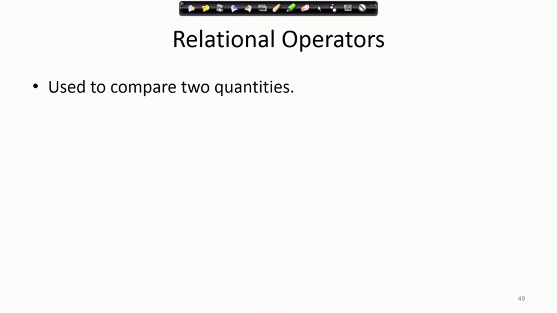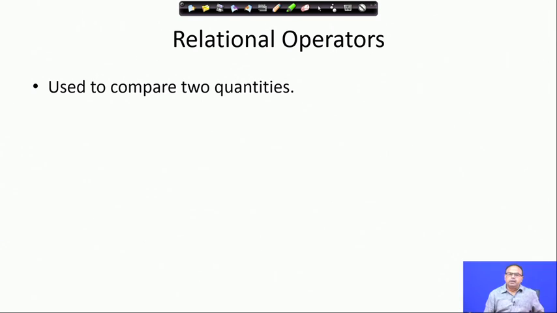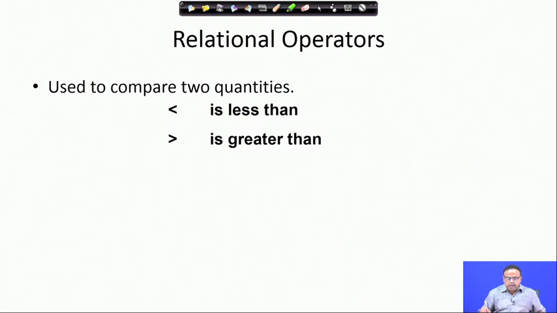A relational operator is used to compare two quantities. Okay? Let us see. For example, this symbol, very familiar, denotes is less than. This symbol, which is also familiar, shows is greater than.